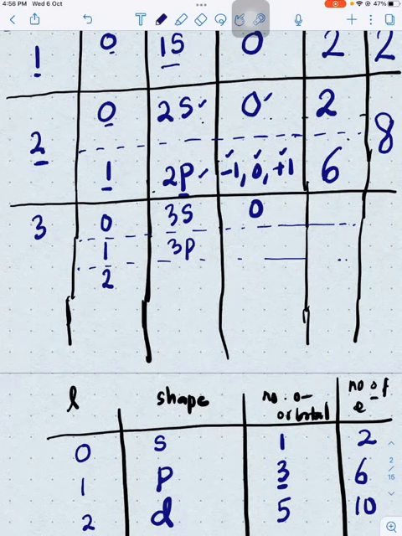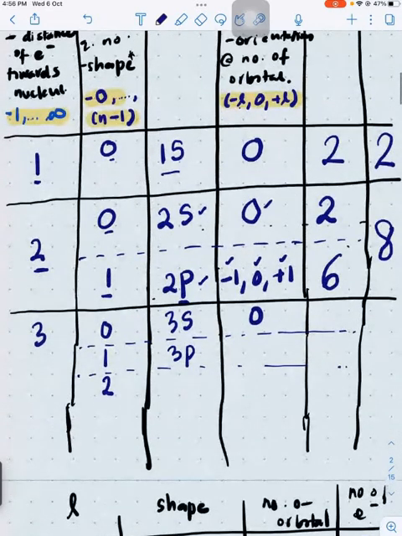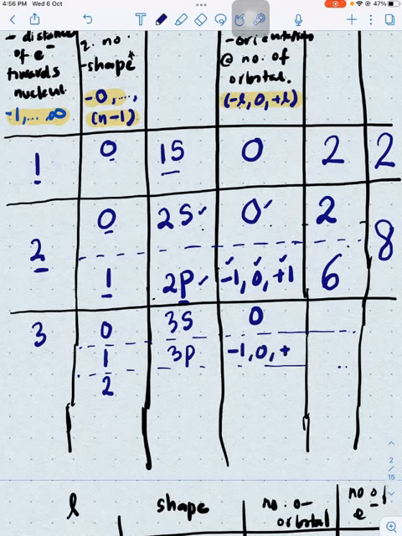Okay. L value dia memang 1, tapi ML value dia, tengok formula dia. Negatif L, kosong, positif L kan. Jadi maknanya bila L dia 1, ML dia adalah negatif 1, kosong, positif 1.